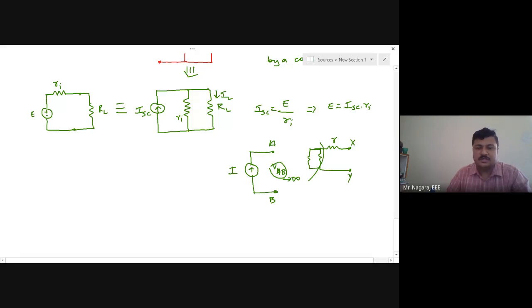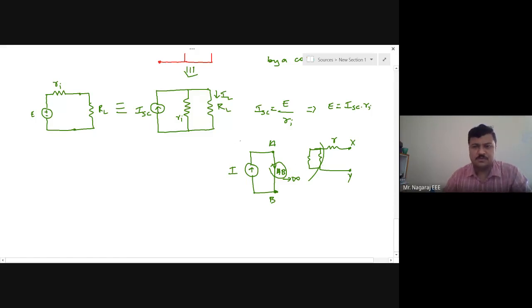So it is always dangerous. An ideal current source should not be kept open. It should always be short circuited. So voltage sources must be kept open when not in use. Current sources must be kept shorted when not in use. These two points must be followed.